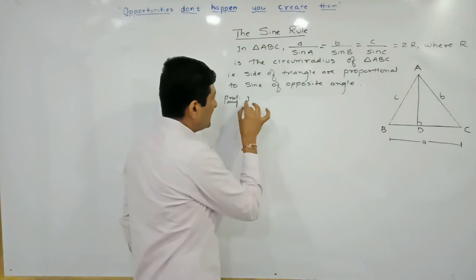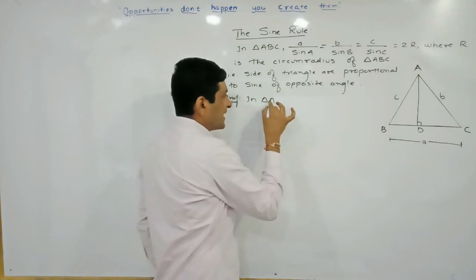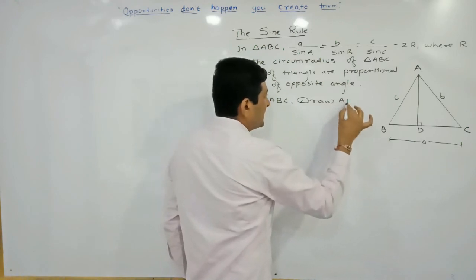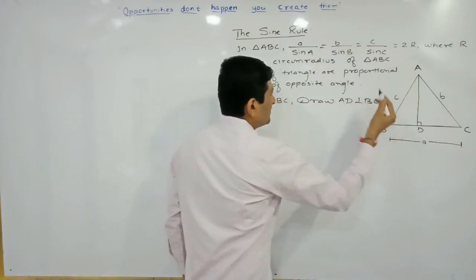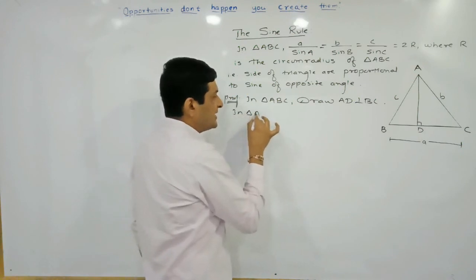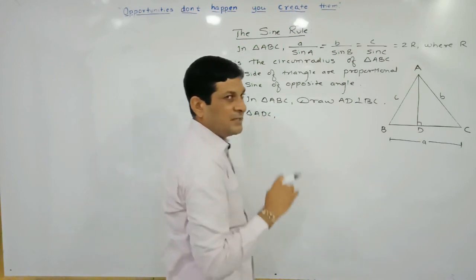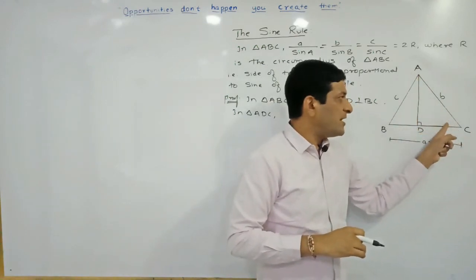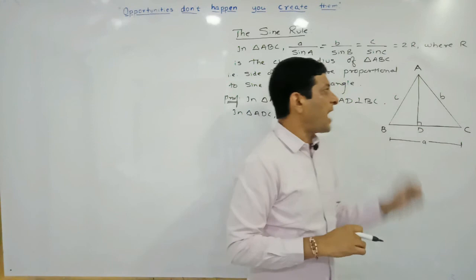So here what is our construction in triangle ABC? Draw AD perpendicular to BC. Now consider the triangle ADC. In this triangle ADC, what is the value of sin C? Opposite upon hypotenuse.